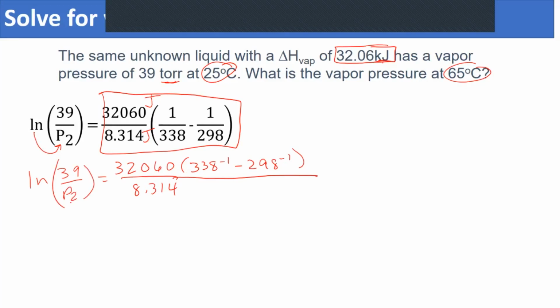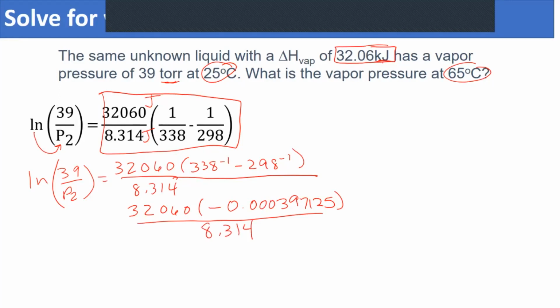All right, so on that side of the equation, the first thing I'll do is the inverse so that we can break it down. The inverse temperatures subtracted from each other are negative 0.000397125. Again, carry digits in your calculator if at all possible. And that's still equal to the natural log of 39 over P2.